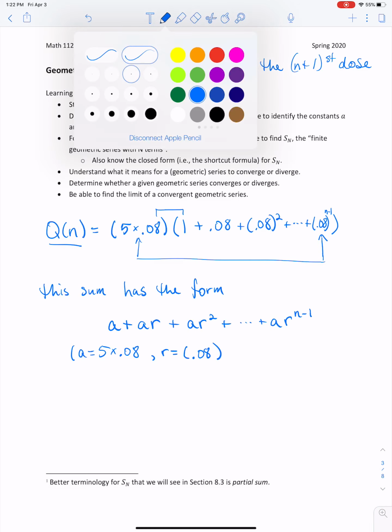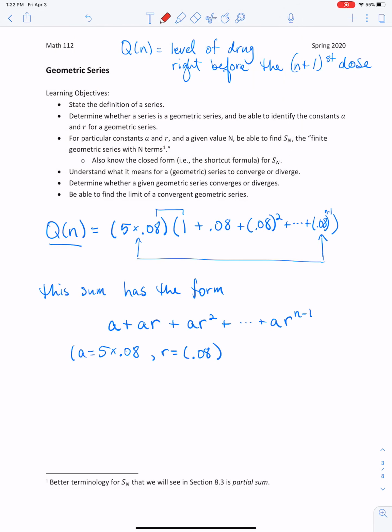So let me go ahead and give that a name. We're going to call this S sub n. Okay, and what we'll be investigating in the next activity is, can we find a nice way to add up this number, right?